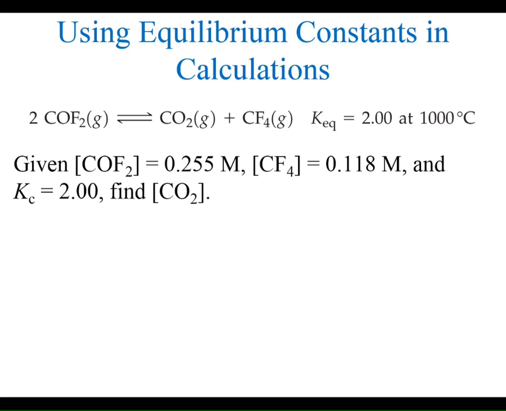So let's say the concentration of COF2 is 0.255, CF4 is 0.118, and the Keq is given to me up here as 2.00. What is the CO2 concentration? So now we're going to find one of the missing concentrations. So let's write what we know.